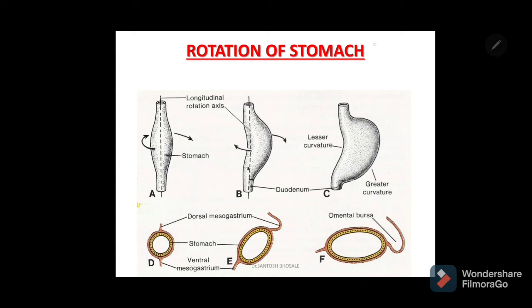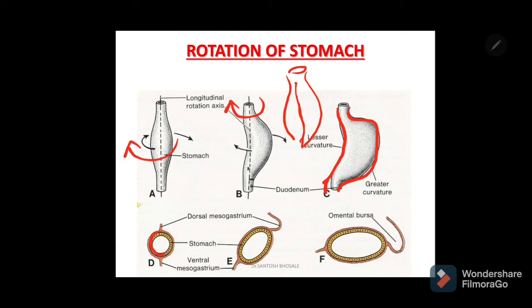During development, the stomach undergoes a 90-degree rightward rotation, or 90-degree clockwise rotation, as seen from above. So the fusiform dilation which had an anterior border and posterior border now has a right border and a left border because of this rotation along the longitudinal axis.